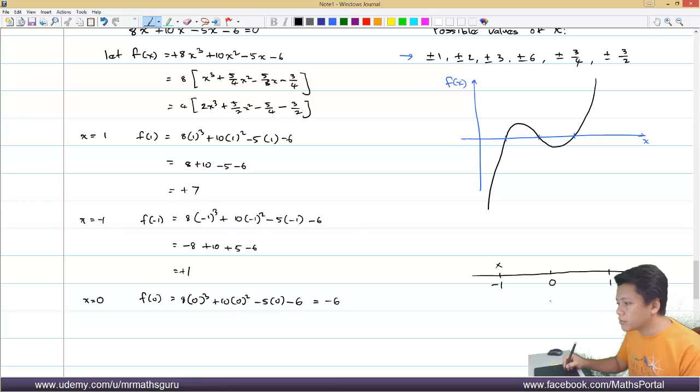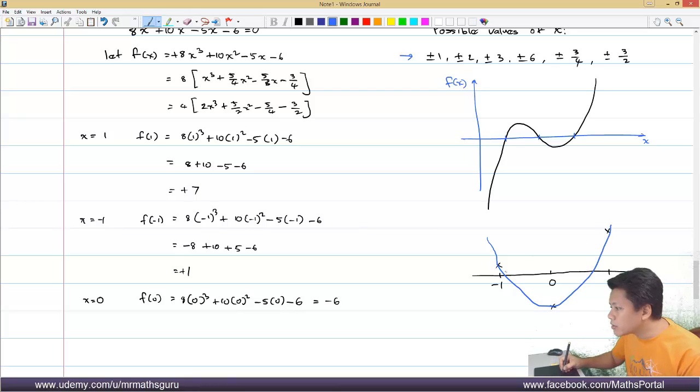But when x is equal to 0, the value is minus 6, so it's lying here. But when x equal to 1, it goes back up. What does it mean? It means that the curve is going down here to here and here. So there is a value of x somewhere in between minus 1 and 0, and 1.